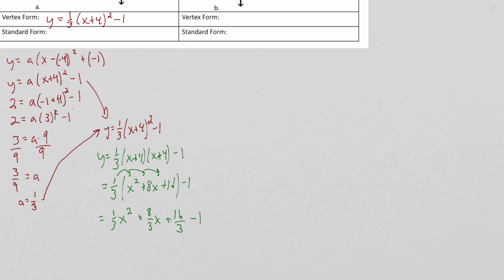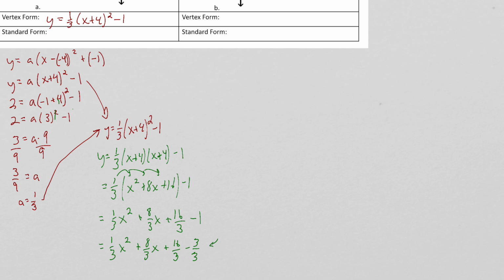So the last thing I need to do is find a common denominator. I can see that's my a value, that's my b value. I just need to combine these two pieces right here. So 16 over 3 minus 1. Well, the minus 1 is 3 over 3. So that gives me 1/3 x squared plus 8/3 x plus 16 over 3 minus 3 over 3.